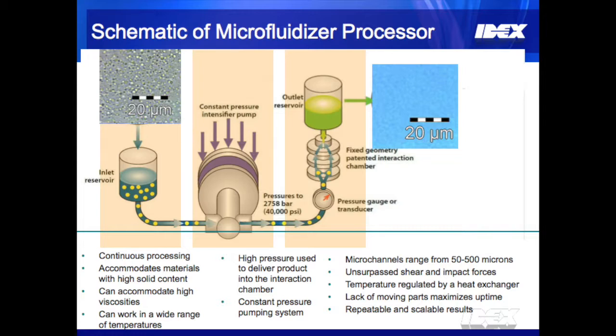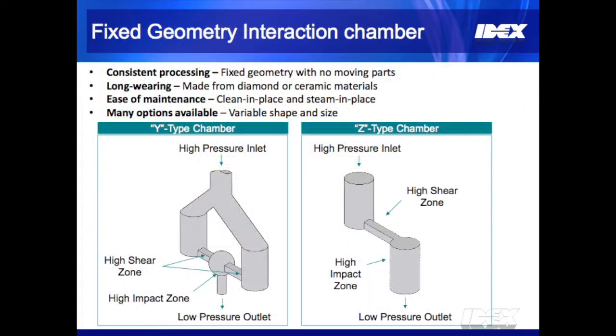The interaction chamber is really the heart of the microfluidizer processor. It is a fixed geometry path which ensures that all of your material is processed at a very consistent shear rate. This is a quick cartoon of a couple of different types of interaction chambers. The one on the left is the Y-type interaction chamber. This is generally used for emulsions and liposomes and mixing applications.